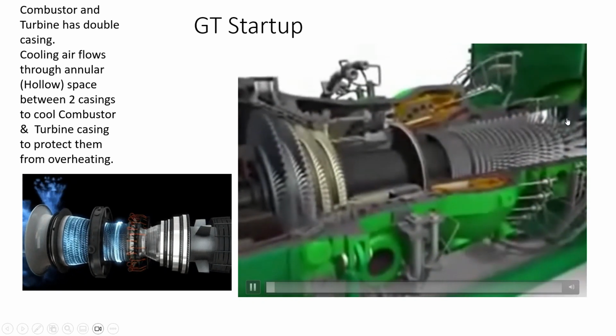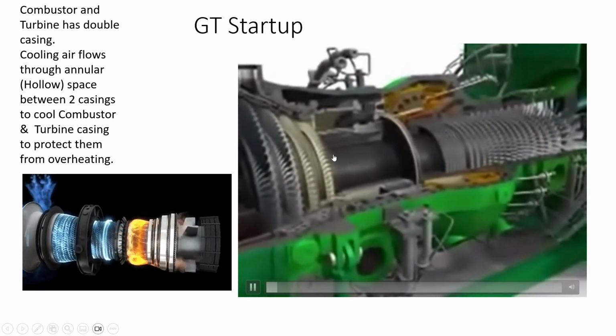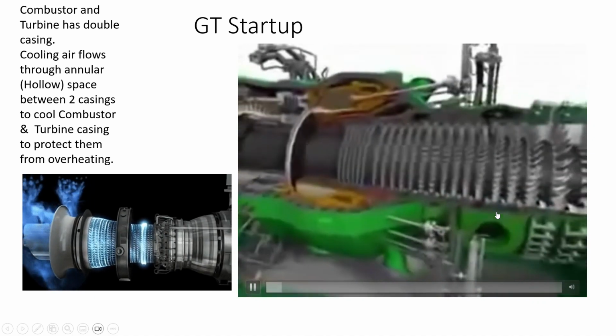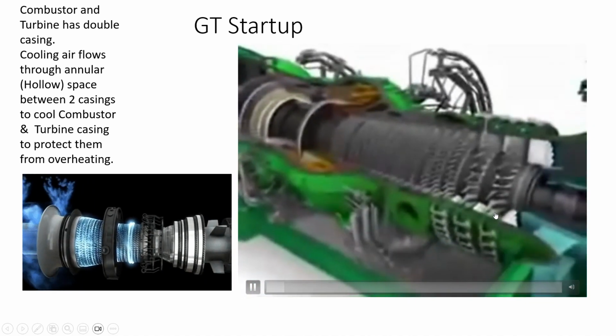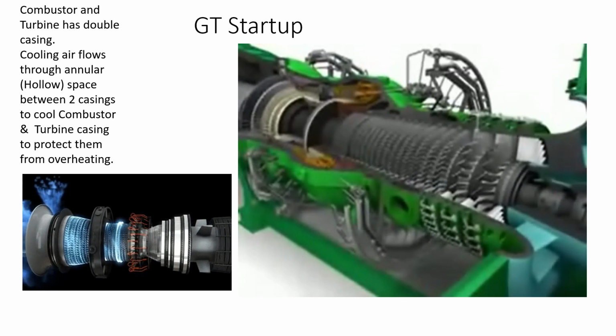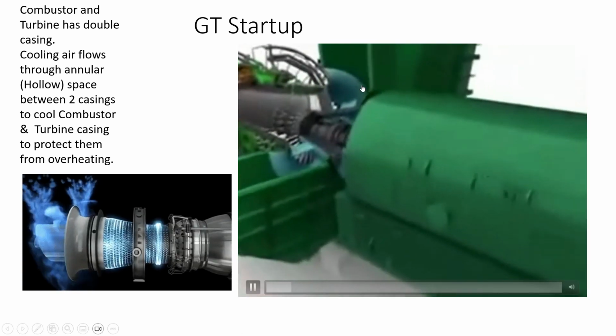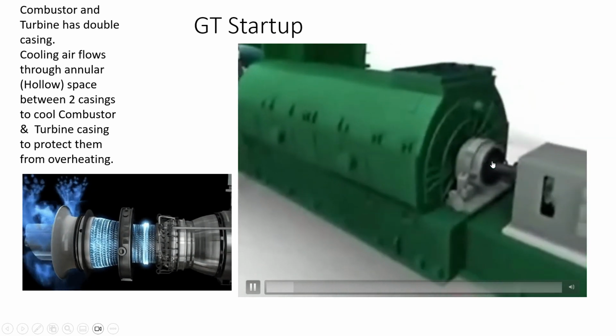So this is the compressor, this is your combustion, and these are the turbine rotors and blades. When the start command is given, this side is actually the generator.